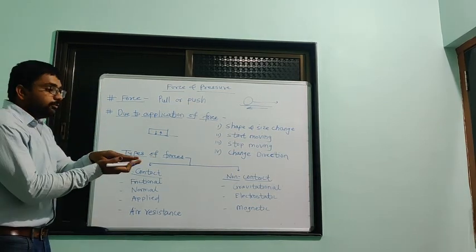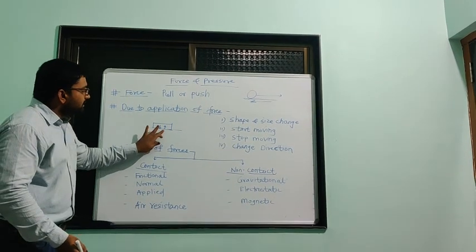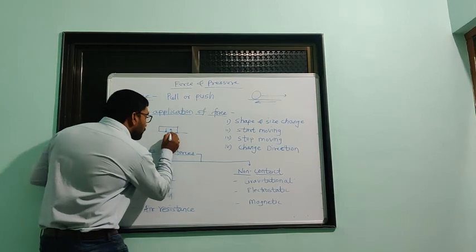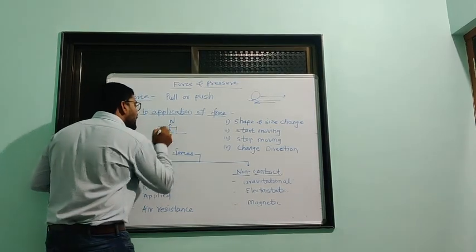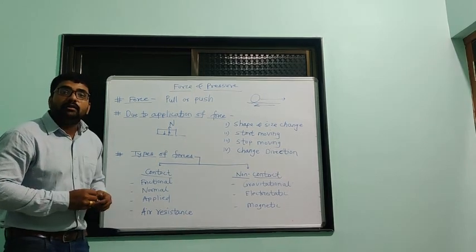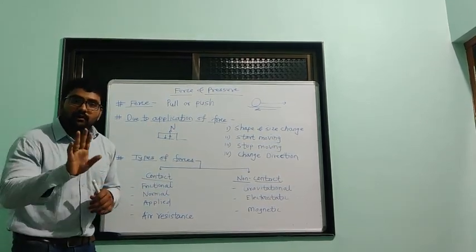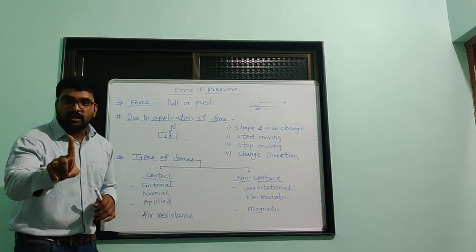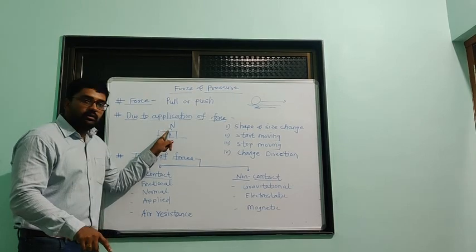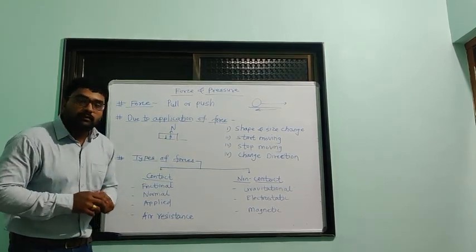So both forces get balanced and our book is stationary on the surface of the table. This upward force applied by the table on our book is called the normal force. Understood? The upward force acting on an object is called a normal force.